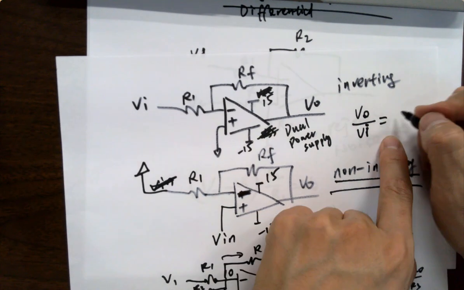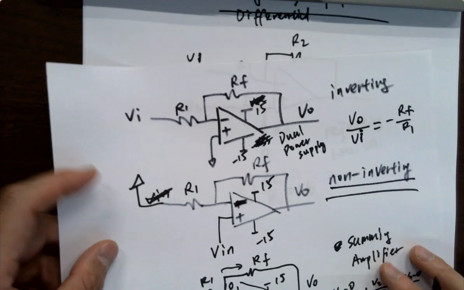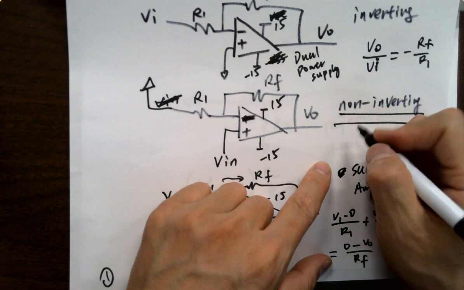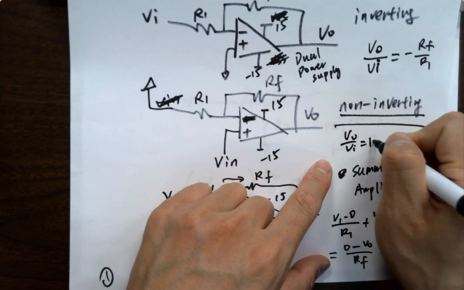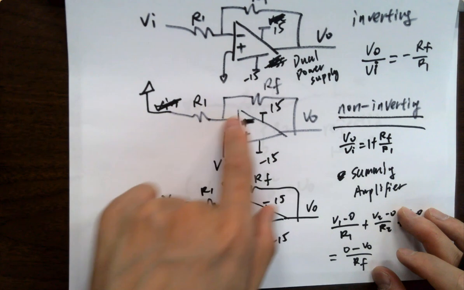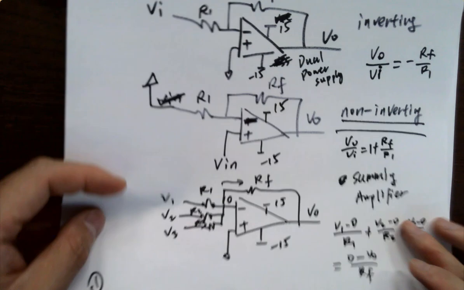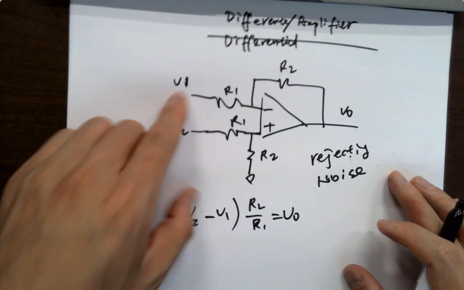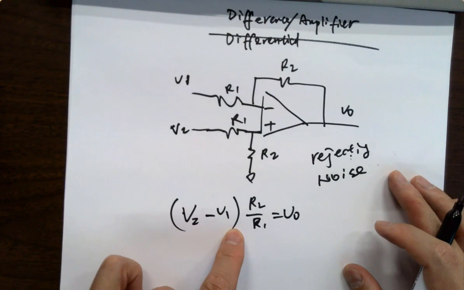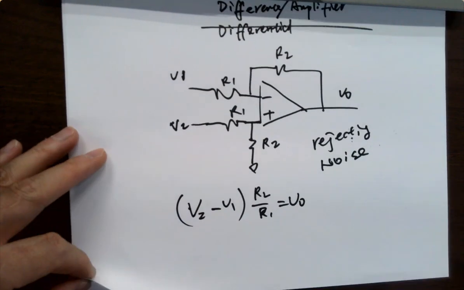For the inverting amplifier, it's minus RF over R1. For the non-inverting, VO over VI equals 1 plus RF over R1. It's 1 plus the ratio. Need to know that they are very different.